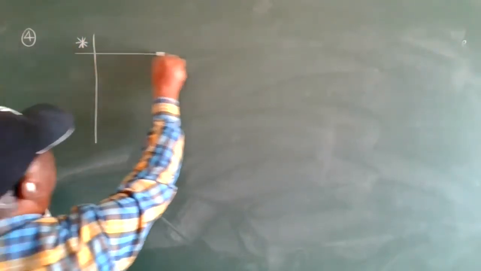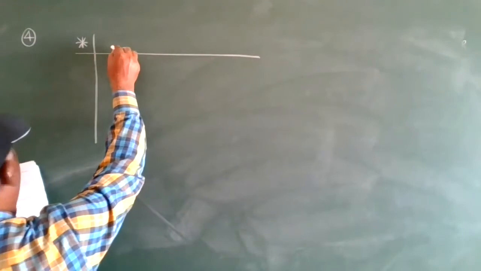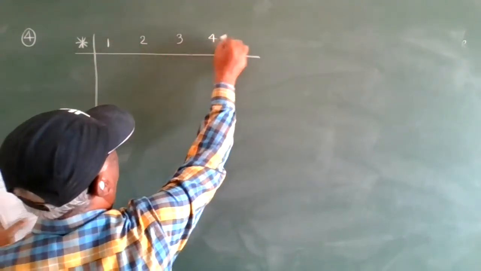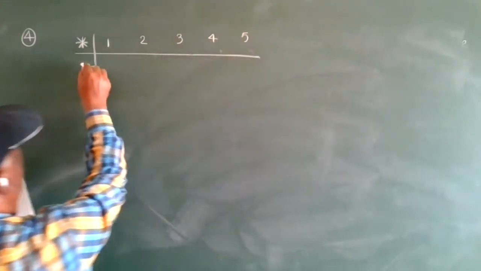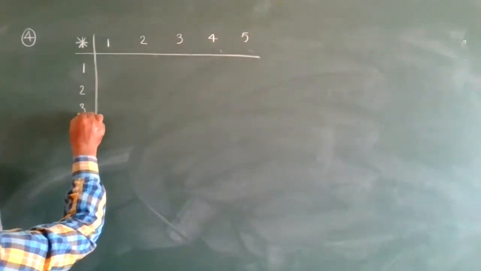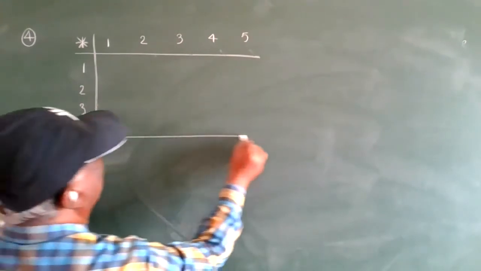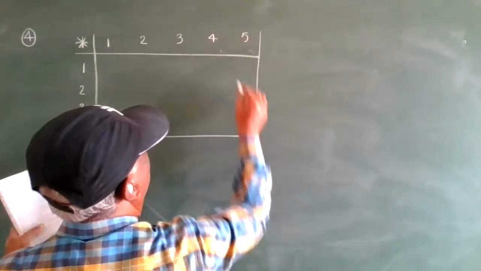Write down the table with 1, 2, 3, 4, 5 along the rows and columns.